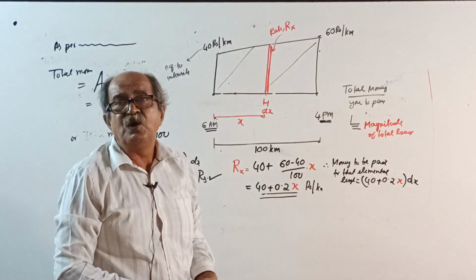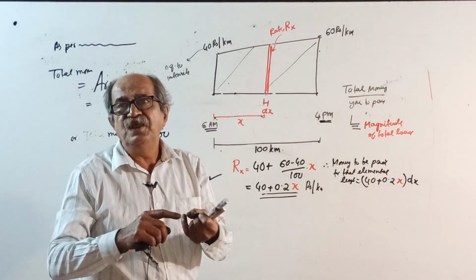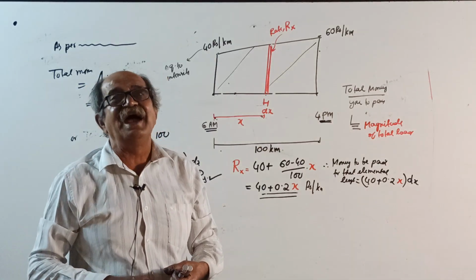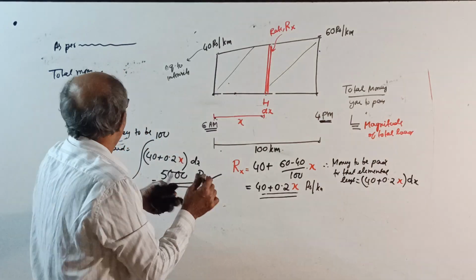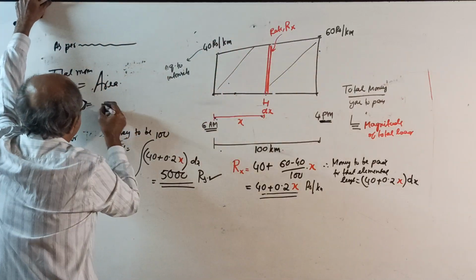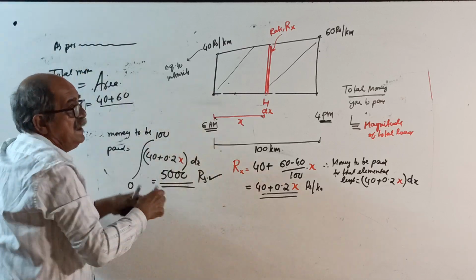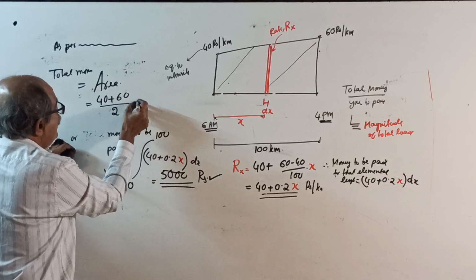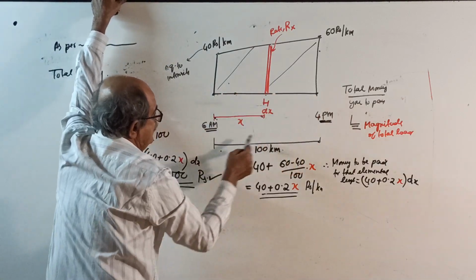In another class, I will give the formula for the area of a rectangle, triangle and trapezium. Area of a trapezium is the sum of the two parallel sides, 40 plus 60, divided by 2, into the distance between the two parallel sides, into 100.